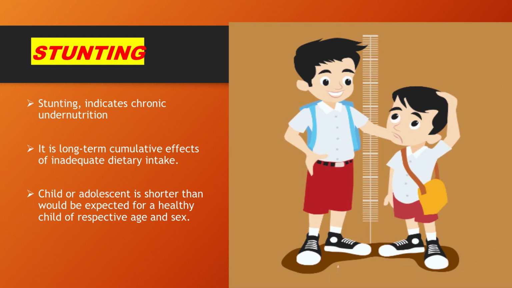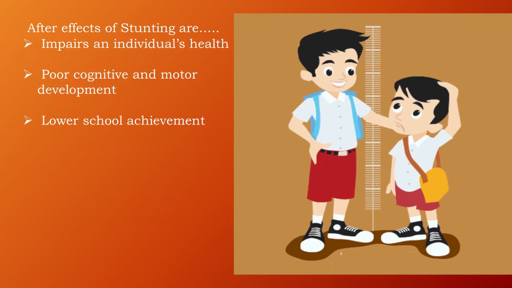Now, what could happen if stunting occurs? What are the after effects of stunting? One, it impairs the individual's health, that is very important. Then the child will develop with a poor cognitive capacity; he won't be able to understand as other children of his or her age group could.